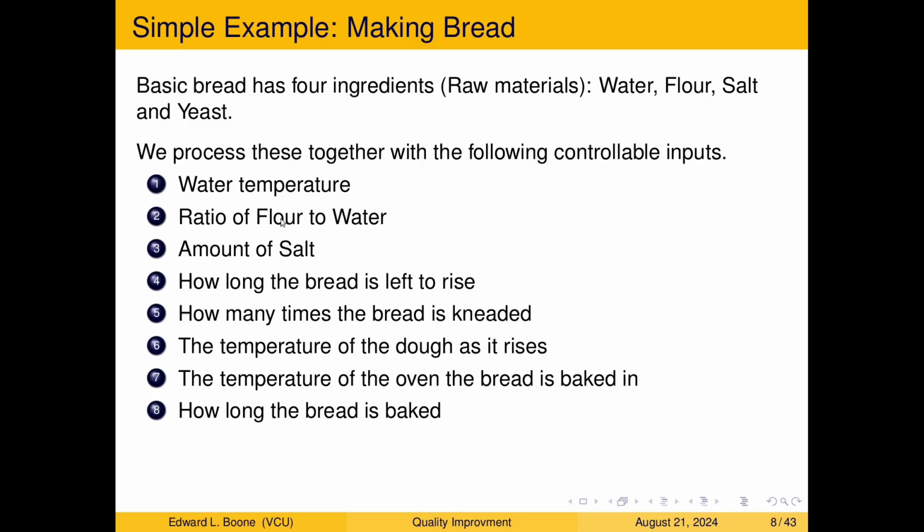If I have a bread that doesn't have a lot of water in it, then the bread is going to be far denser than one that has more water in it. The amount of salt: salt provides taste, but salt will also kill yeast. So you want to put in enough that it tastes good, but not too much to kill the yeast in the bread.